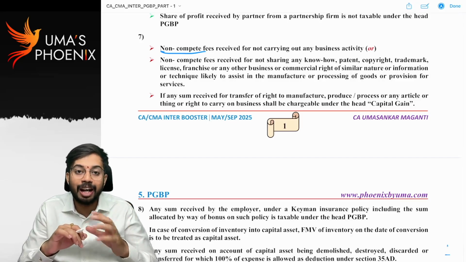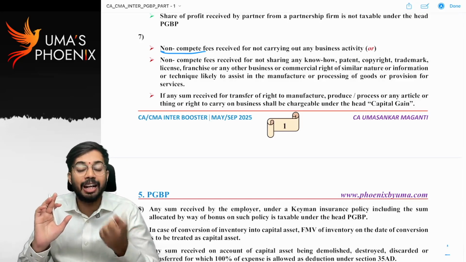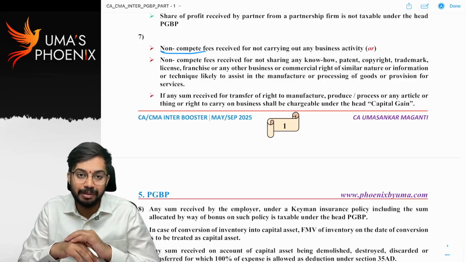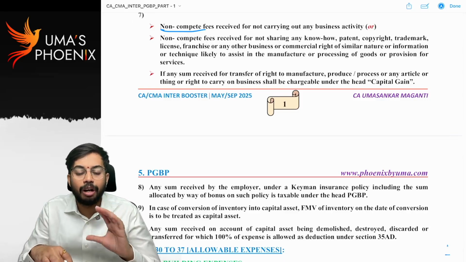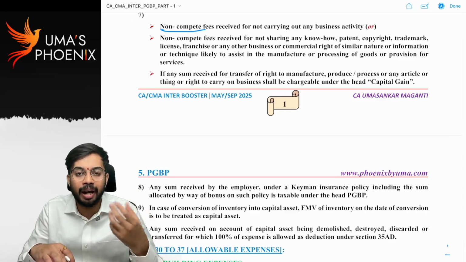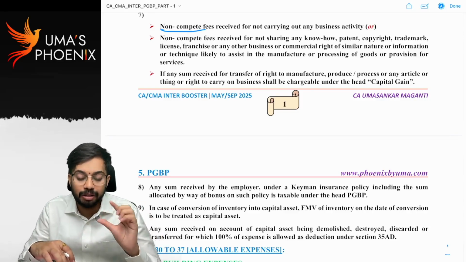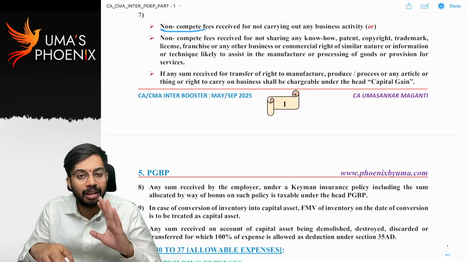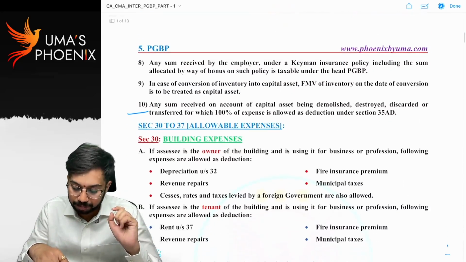Now whatever 20 lakhs I received is non-compete fees, and that is taxable to me under the head PGBP. So with regard to intangible assets, also for not sharing the rights, know-how, trademarks, patents with any other person, if any non-compete fees is received, that non-compete fees is taxable under the head PGBP.